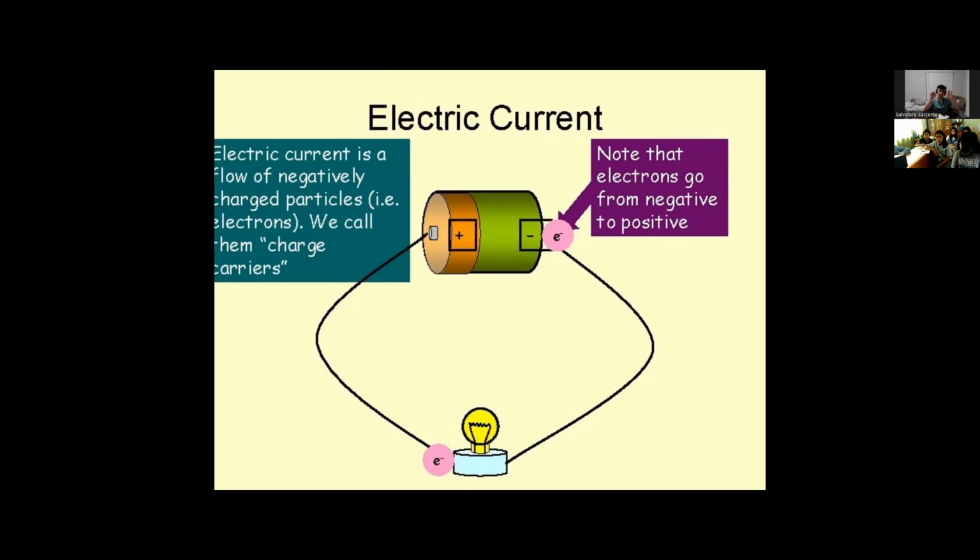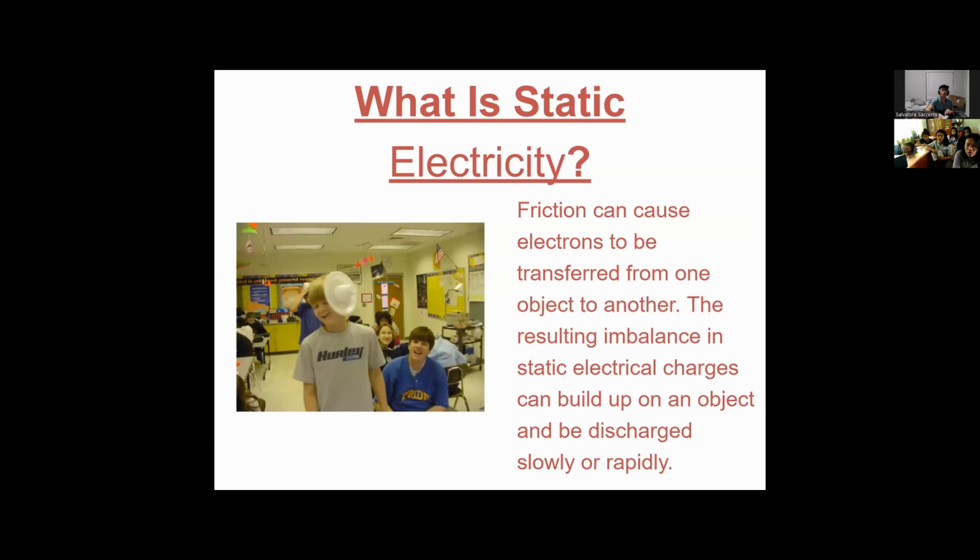There's a positive and negative end to the battery, all right? And they both shoot towards the battery through the metal wiring, which is a good conductor, and it powers the light bulb to turn it on. And that's just an example of a current, but we don't really have to worry about that. We're going to be talking about static electricity, okay? So what is static electricity?